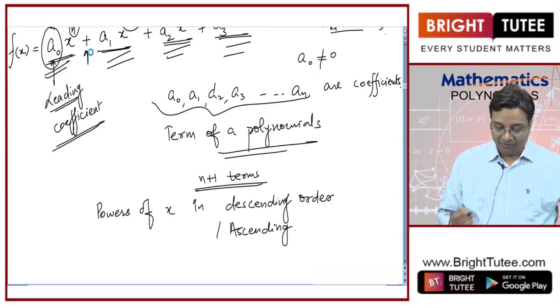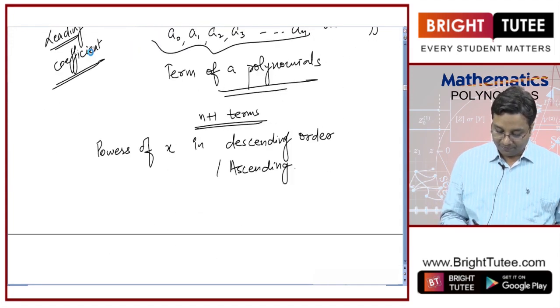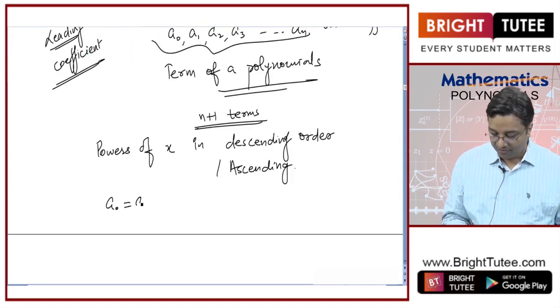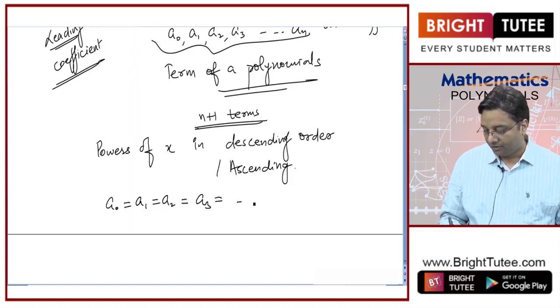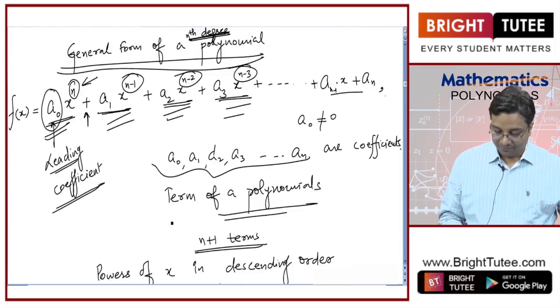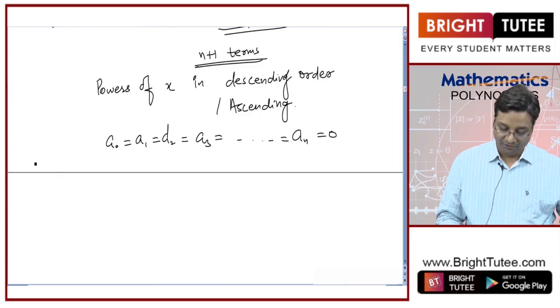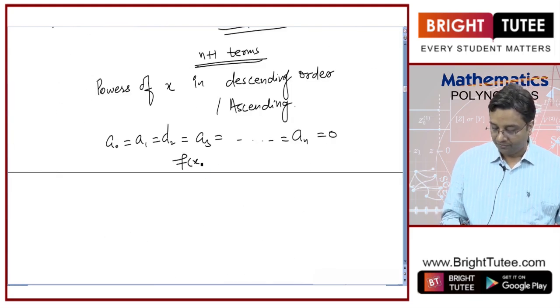For it to be a zero polynomial, if I put a naught equal to a1 equal to a2 equal to a3 equal to up to an equal to 0, if all the coefficients become 0, the entire right hand side will become 0, right? So f of x equal to 0.